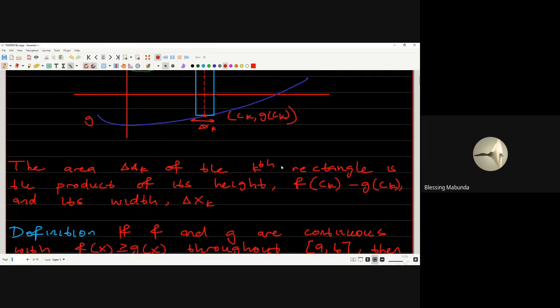So the area delta ak of the kth rectangle is the product of its length, right? f of ck minus g of ck, and its width delta xk.